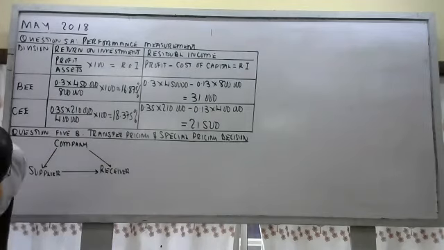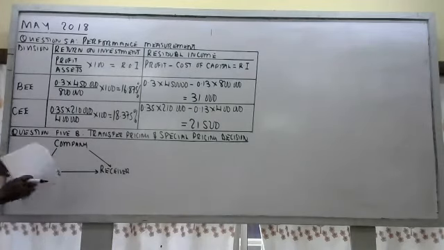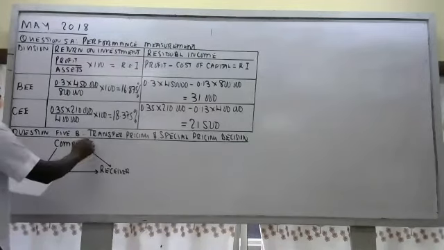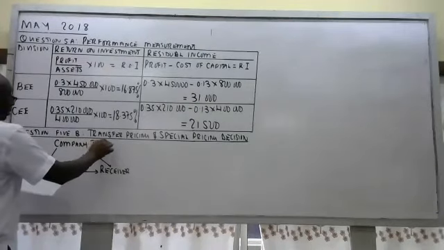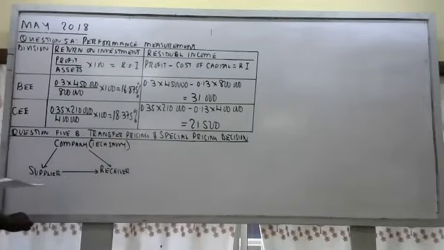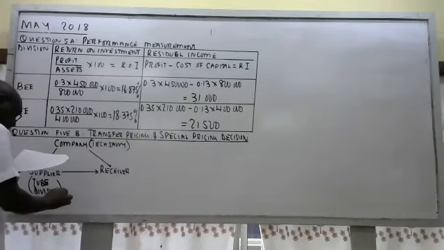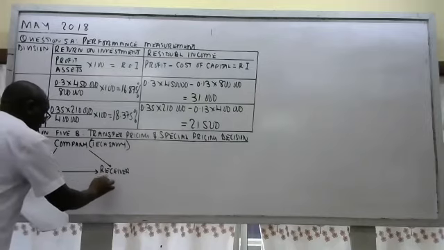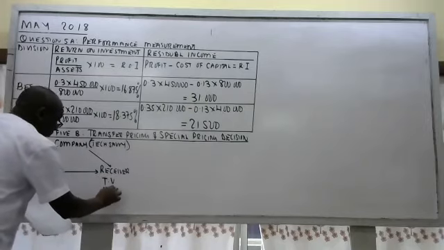So in our case here, the company is the one going by the name TechServe. The supplier is the tube division. And the receiver is the new division, the TV division.